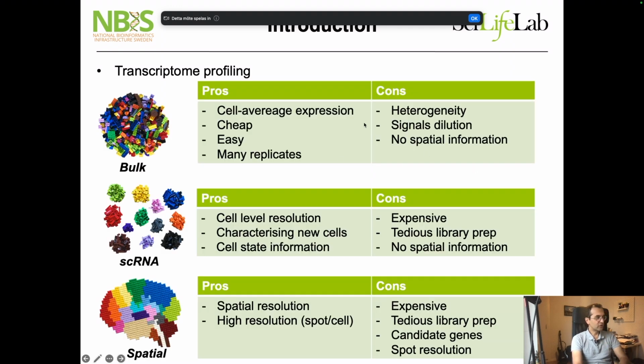A few points about pros and cons of each of these techniques. In bulk, what we get is a cell average expression. It is cheap and easy, and you can generate data from many replicates. But it comes with its drawbacks as well. It is very heterogeneous, the signals might be diluted, and you do not have any spatial information.